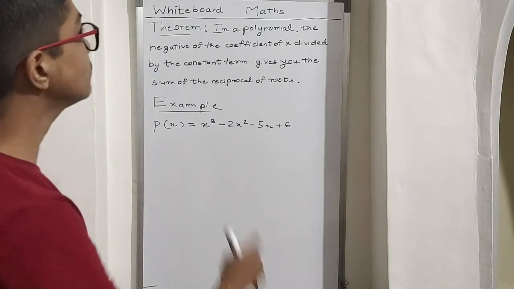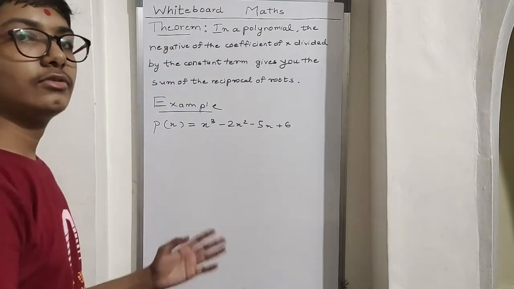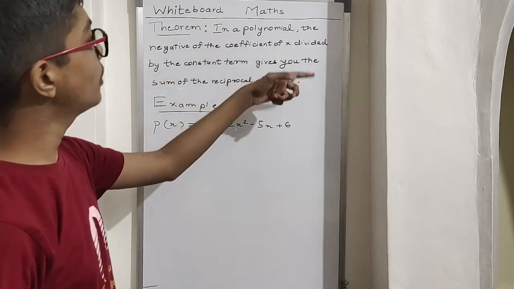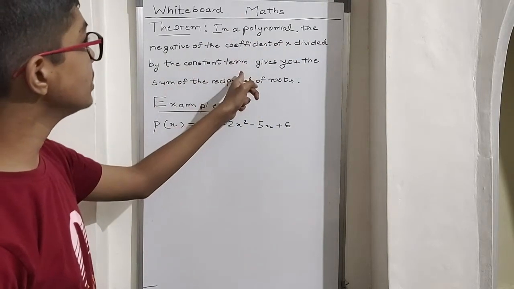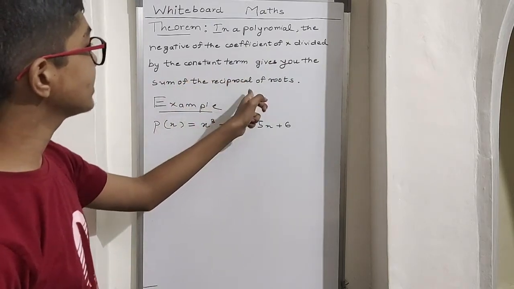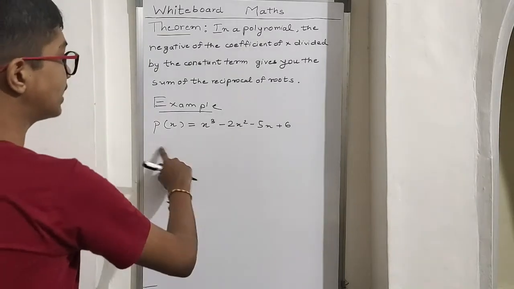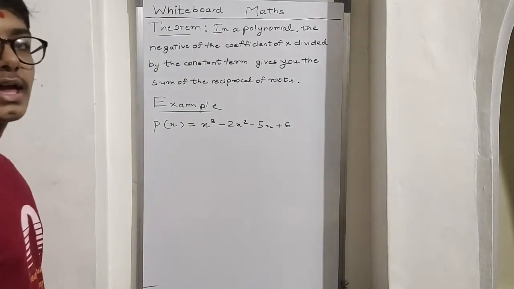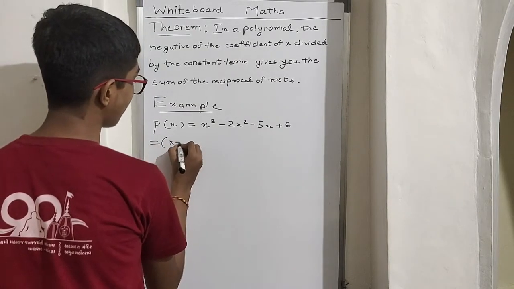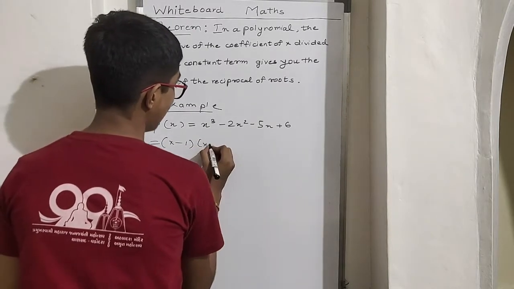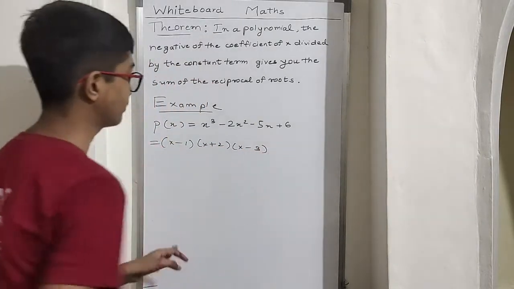So far we have reached this point and we have written the theorem. We have discussed that in a polynomial the negative of the coefficient of x divided by the constant term gives you the sum of the reciprocals of the roots. For example, we have taken this cubic polynomial. It factorizes like this: x minus 1 times x plus 2 times x minus 3.